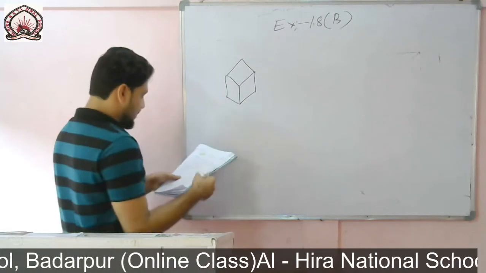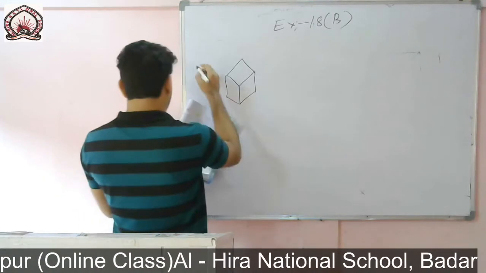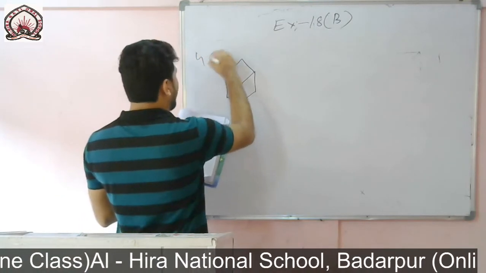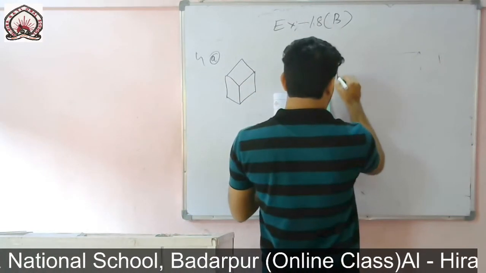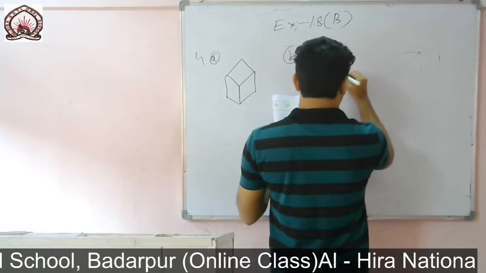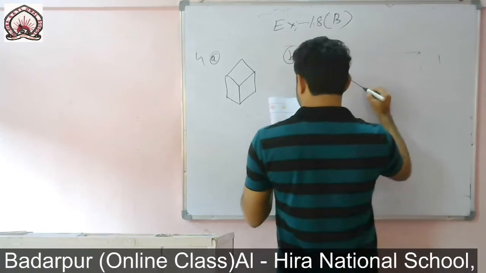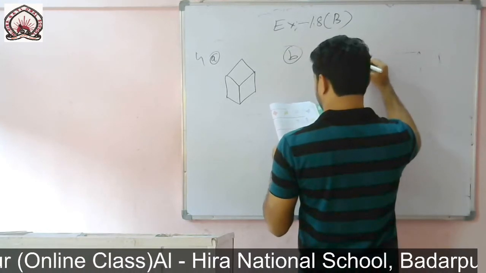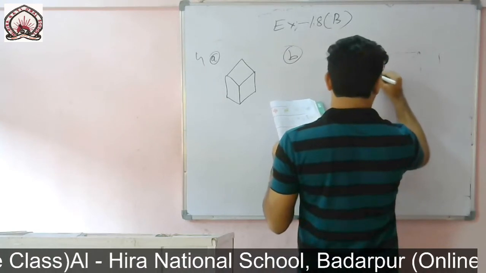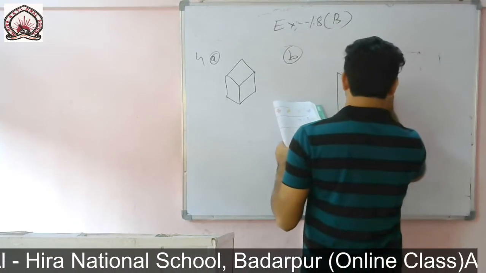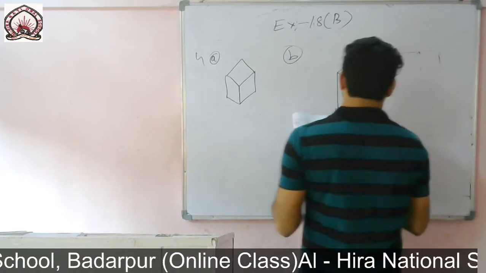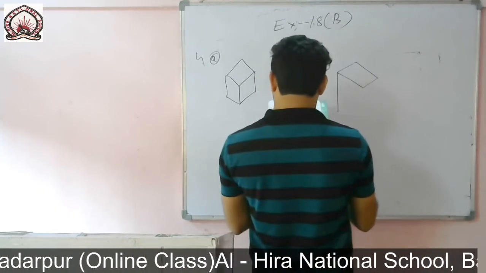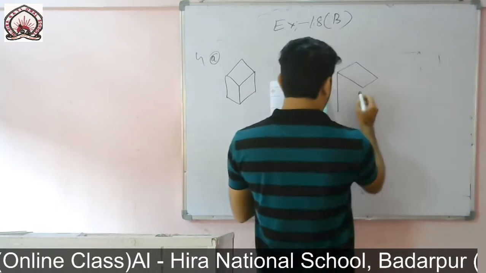Now come to B. Question number 4B, what is given? First you write. Now we have to draw.